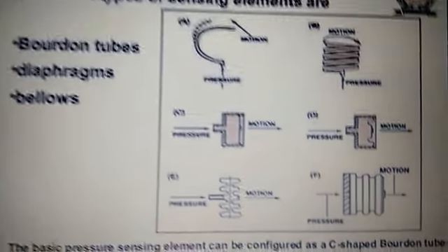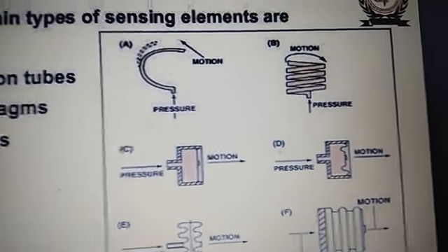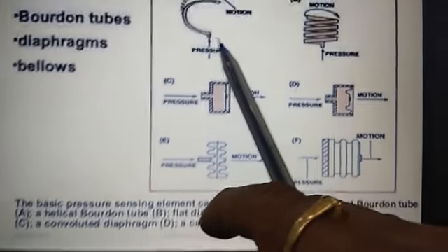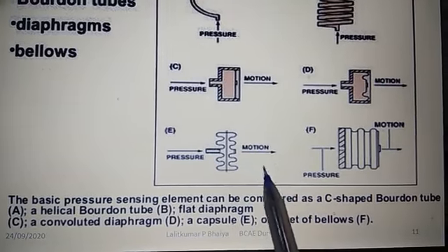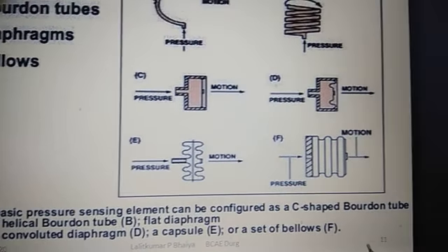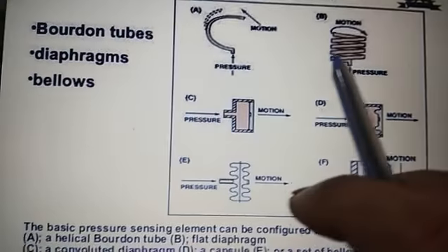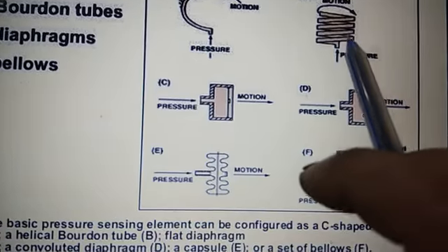You can see here this is the helical Bourdon tube. This figure A is the C-type, a C-shaped Bourdon tube, and this figure B is the helical Bourdon tube.